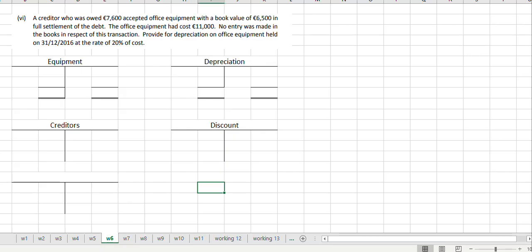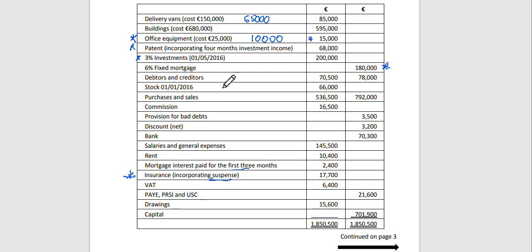When we put in our opening balances: opening balance of equipment 25,000, opening balance of depreciation 10,000. I'll also put in opening balance of creditors, which is 78,000, and discount 3,200 on the credit side.